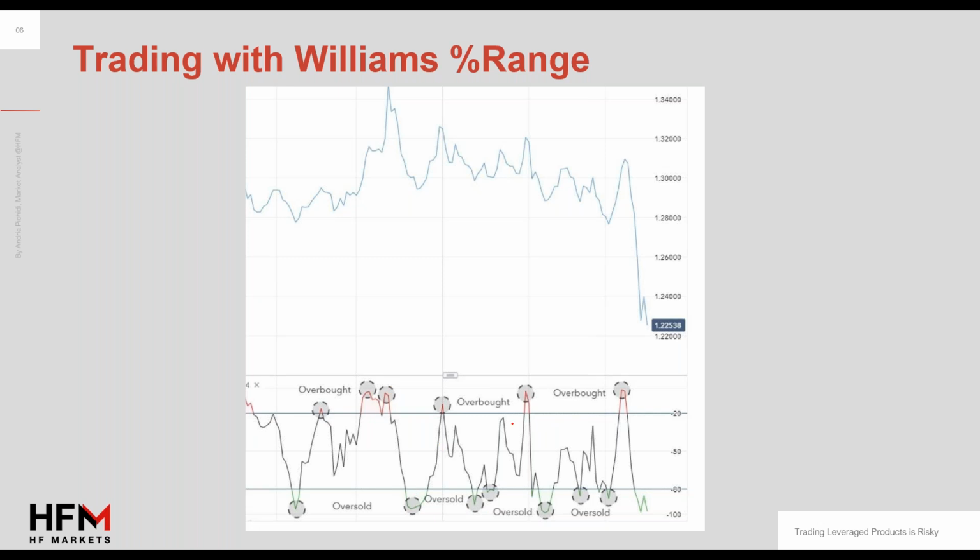And the same as the overbought condition, if you're holding a short position, you can close your position once the indicator crosses below the -80. So at this point, you could take the oversold signal as a sign to close your short position, and in this way take your profit.